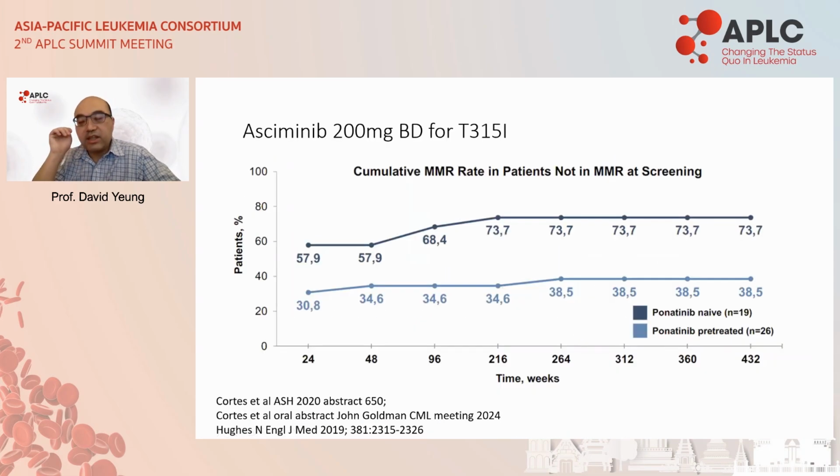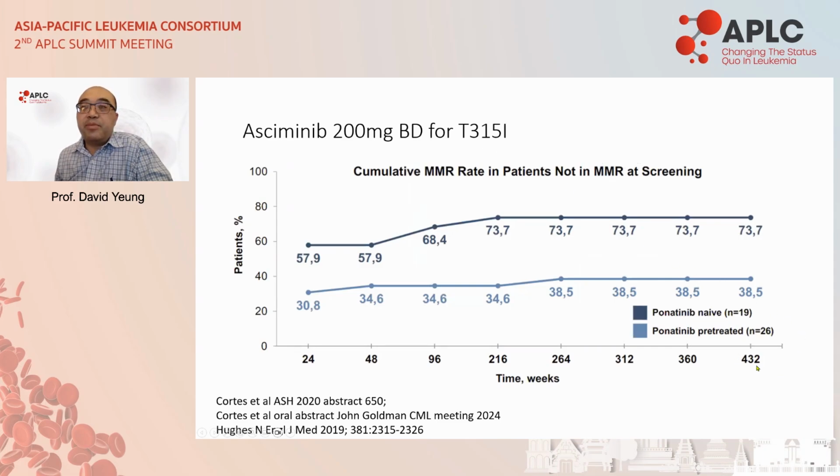There was a recent update at the John Goldman meeting in Prague, presented by Jorge Cortes. This is data from the original phase 1 study, where asciminib at the higher dose of 200 milligrams twice a day was used for T315I mutated patients.